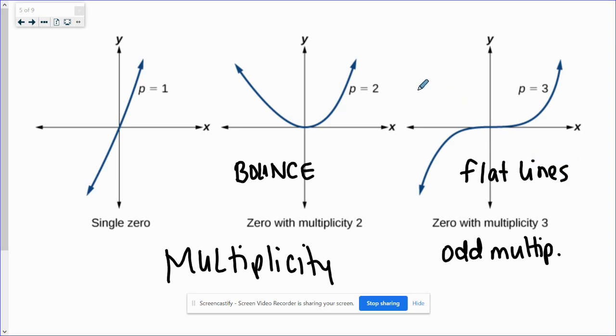Now, if it happened to have been coming from up here and it flatlined on the x-axis and then came up, that's a bounce, though it's a long, flat bounce. So there's probably going to be a multiplicity of 4. Not something we're going to deal with a lot, the multiplicity of 3 and above. We're more focused on the 1s and 2s, but just so you know that that does exist, that's that multiplicity of meaning it happens more than 1 time.